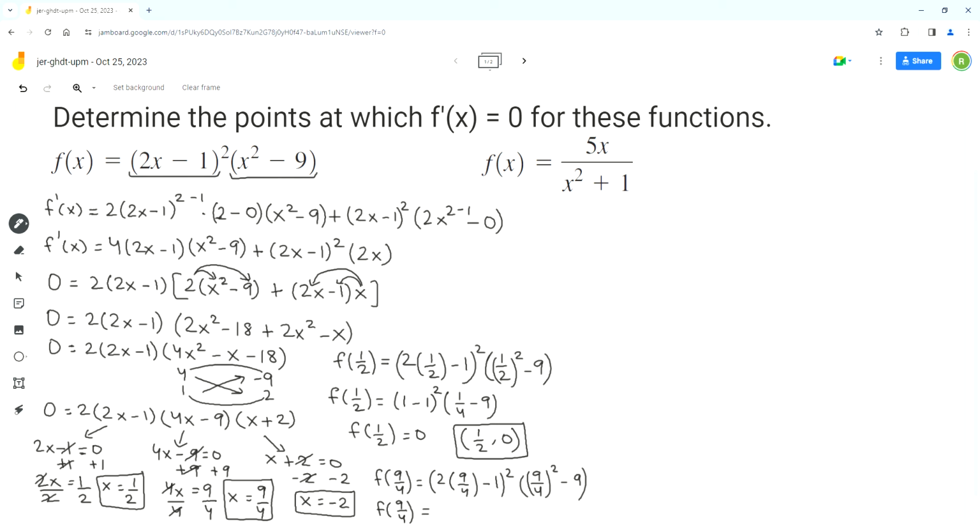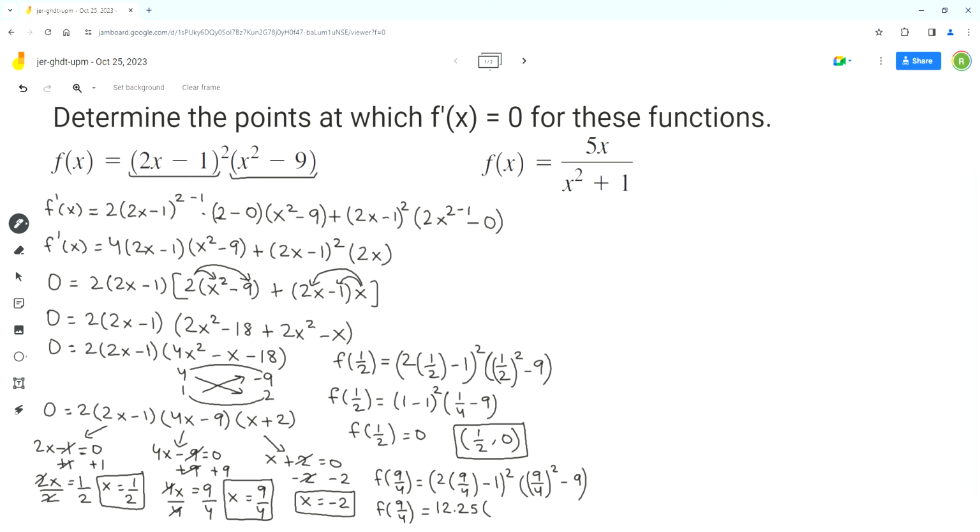So now we can use our calculator. 9 divided by 2 is 4.5, and then minus 1 is 3.5, and 3.5 squared is 12.25. And then in the second part, we'll do 9 over 4 squared, which is 81 over 16.